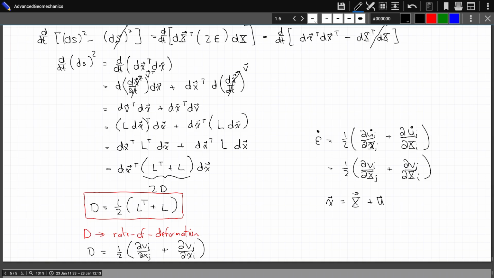Basically, this tensor times the Cauchy stress gives you power, which is a thermodynamic principle: the time rate of change of work.